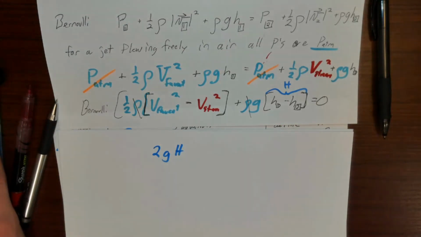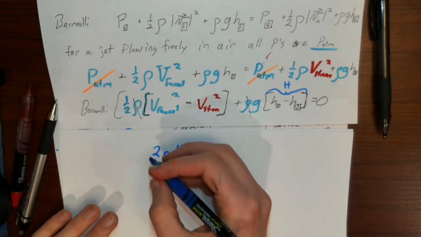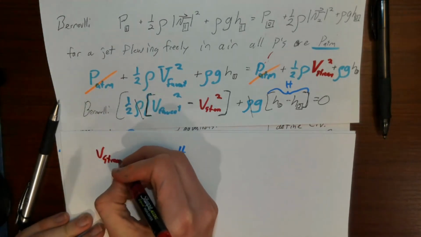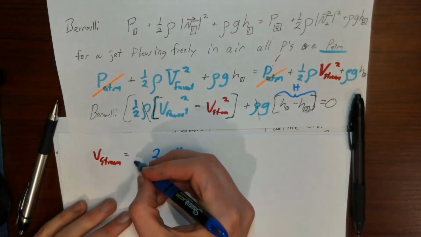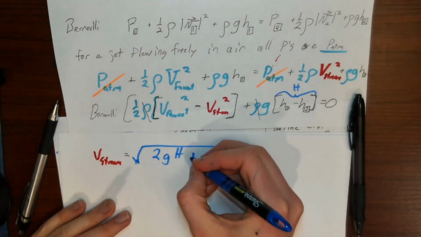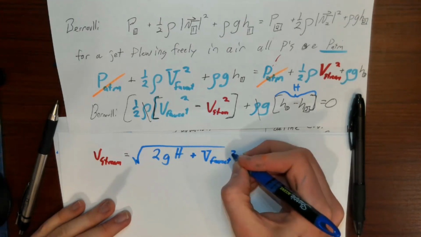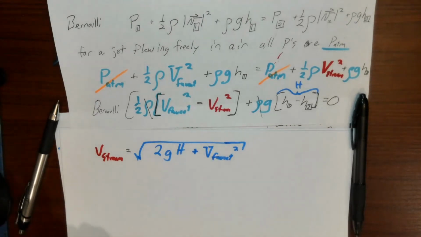Sorry, when you solve for v stream, you end up with v stream equals the square root of 2gh plus v faucet squared, where the sum is under the square root here.